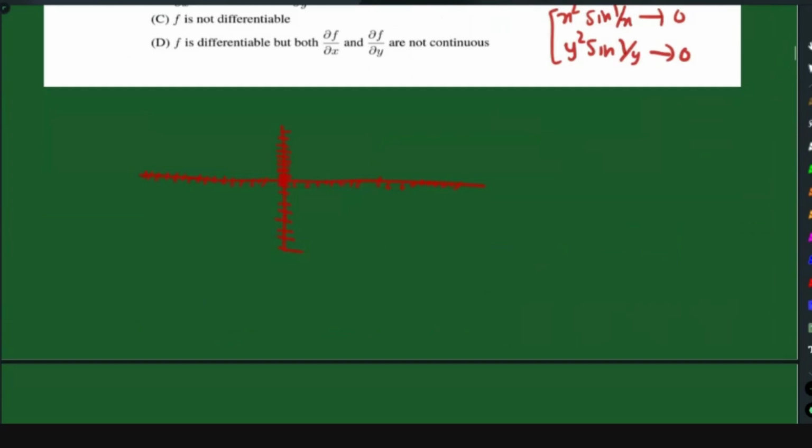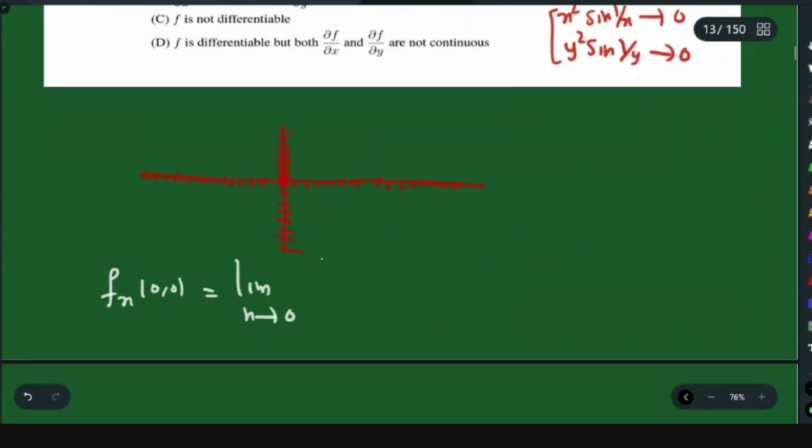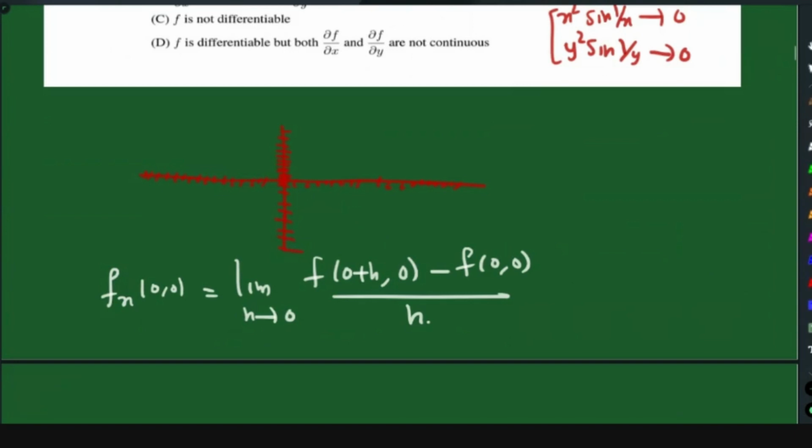So let us look at this. What is your ∂f/∂x? That is fx at (0, 0), which I have defined. That is the limit as h tends to 0 of [f(0 + h, 0) minus f(0, 0)] divided by h.